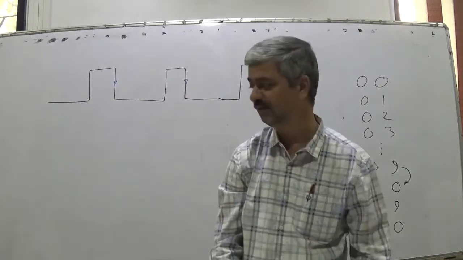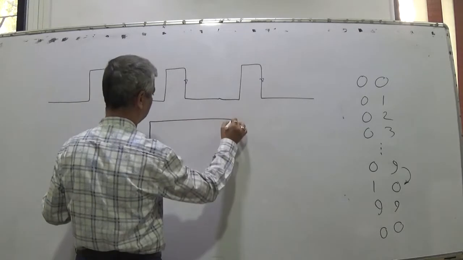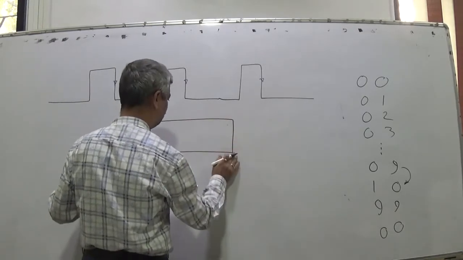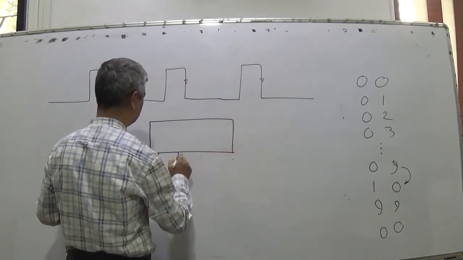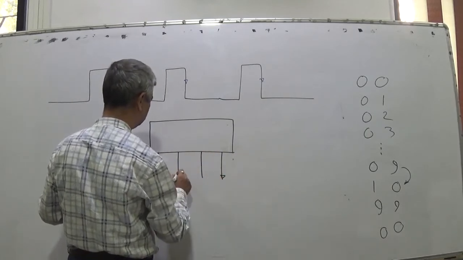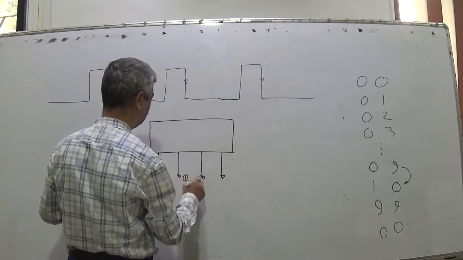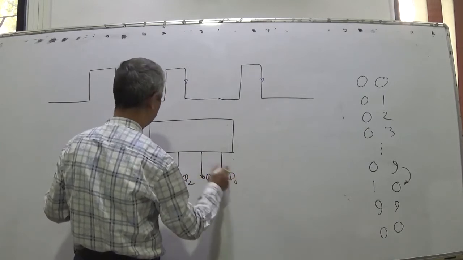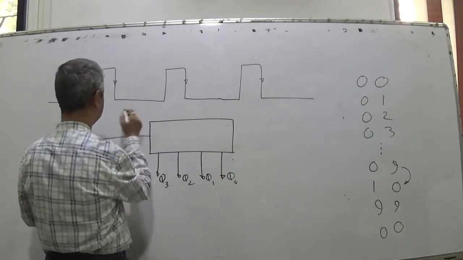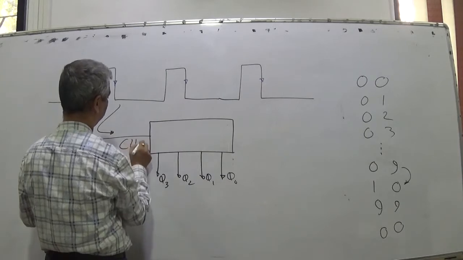But prior to that, what circuit should I have? I should have a circuit like this, which will give me 4 outputs, Q3, Q2, Q1, Q0, and this is a clock.